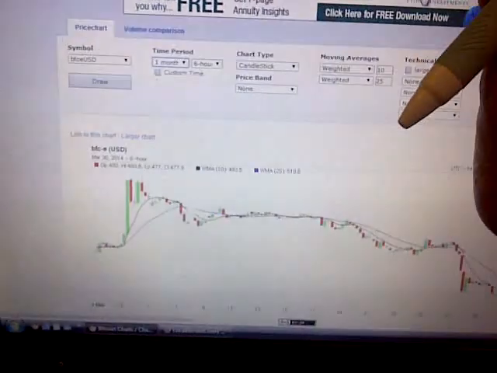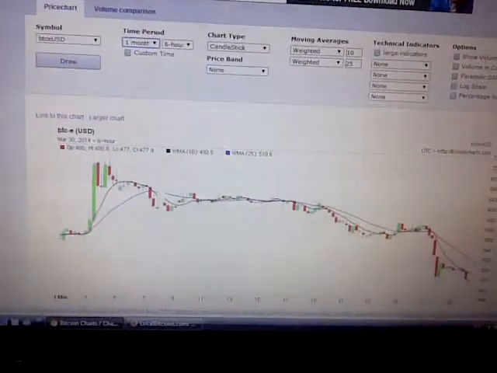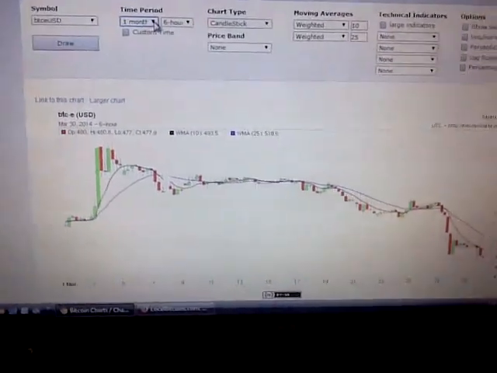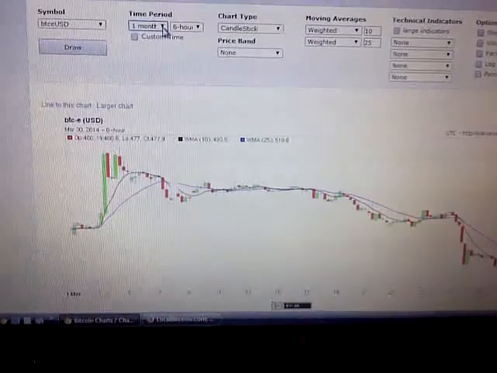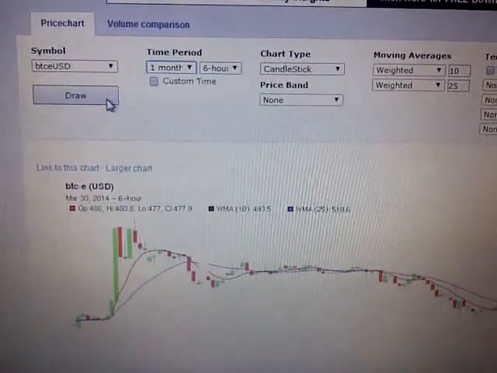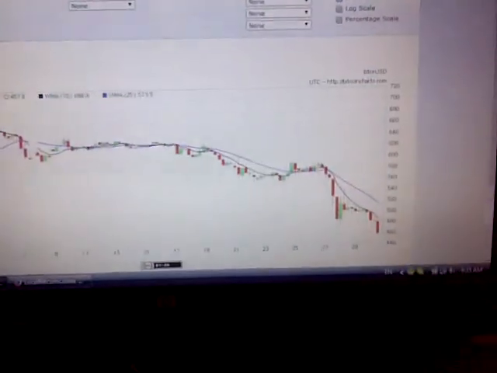Let's have a look at this real quick. I did a one month, 6 hour chart on a weighted average, and this is what I'm getting.